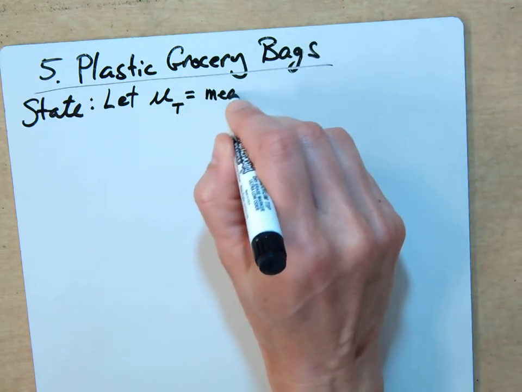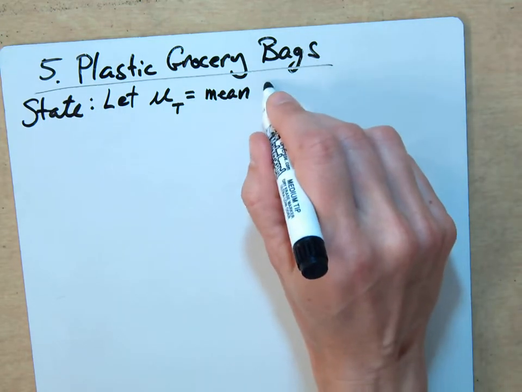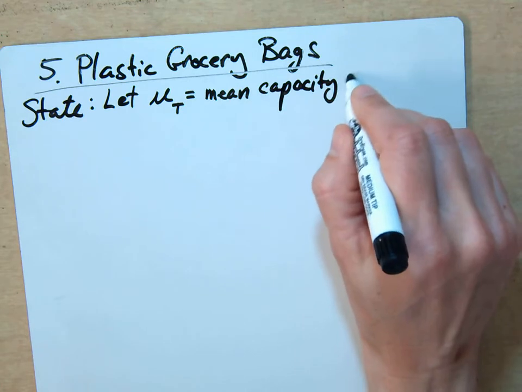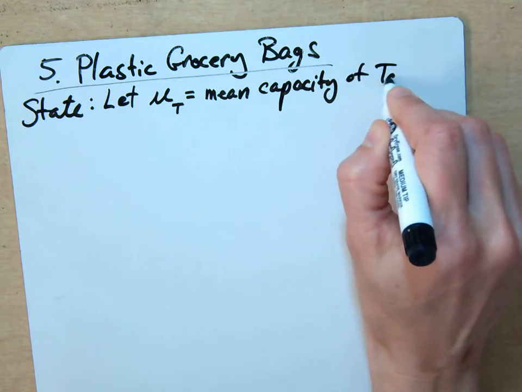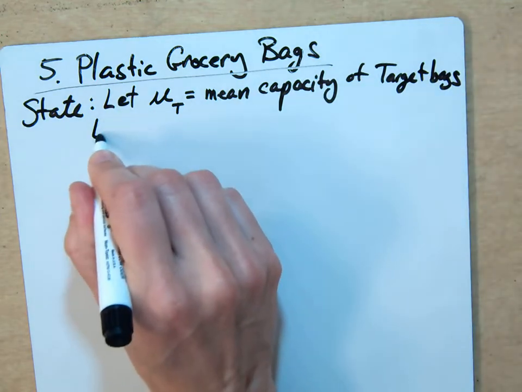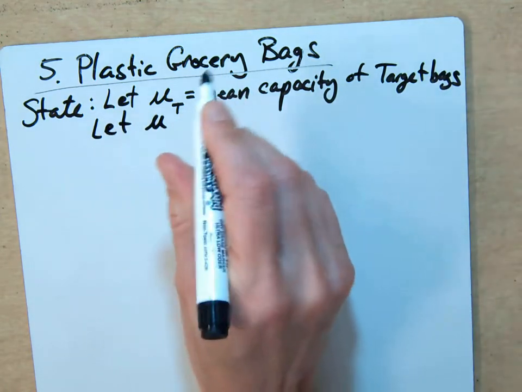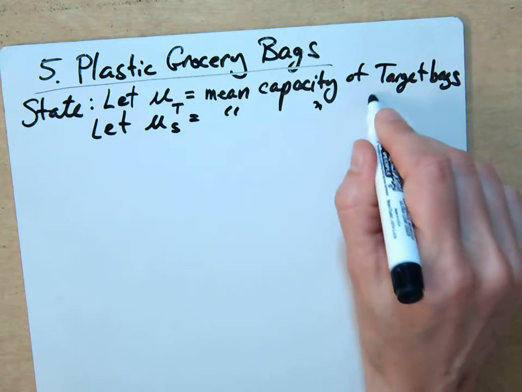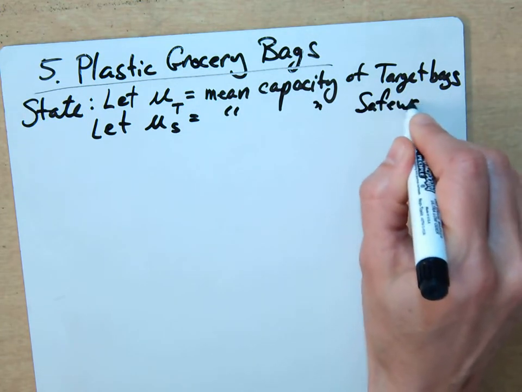So you have to say what these things are. Mean capacity of Target bags. We'll just say that, and then let mu sub s equal the mean capacity, in grams, of Safeway bags.